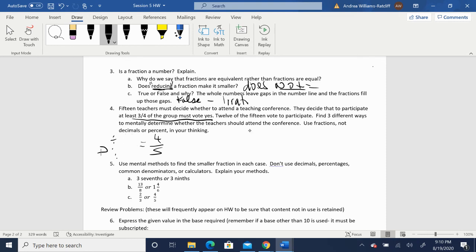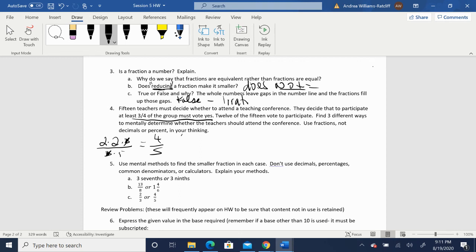Now if you're not sure how I came to that conclusion, think about 12 factored into prime factors. You would have 2 times 2 times 3, and for 15, you would have 3 times 5. The 3s cancel out. 2 squared is 4, and 5 stays, so 4/5.